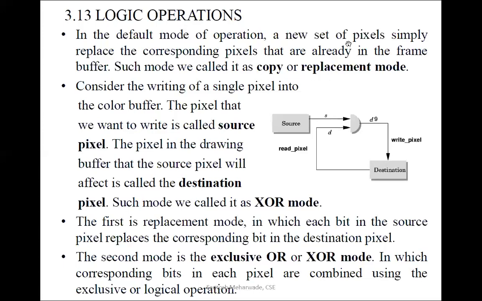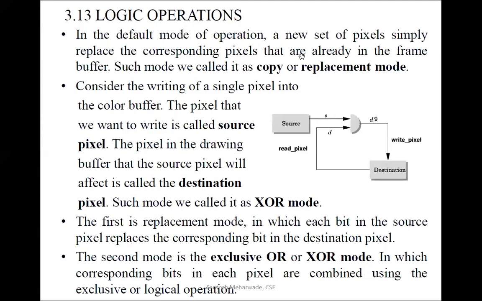Assume that in the frame buffer the background color is already applied, say white color. Within the frame buffer, all its pixel values will become white, meaning all the values will become 111.